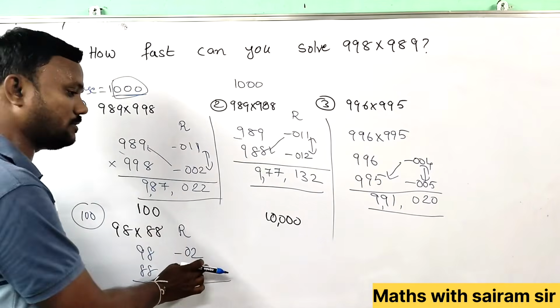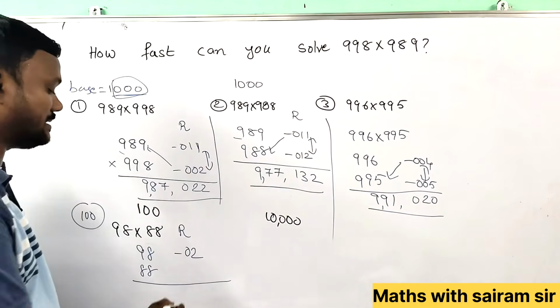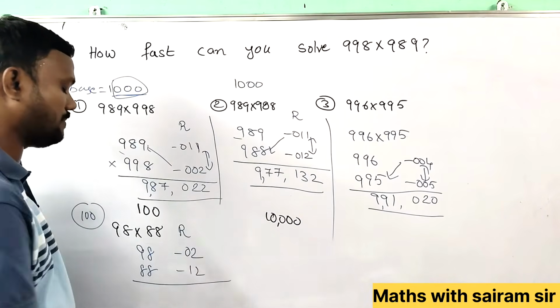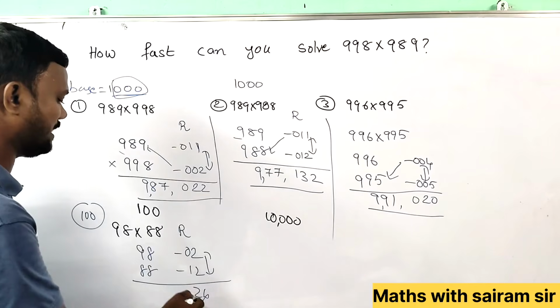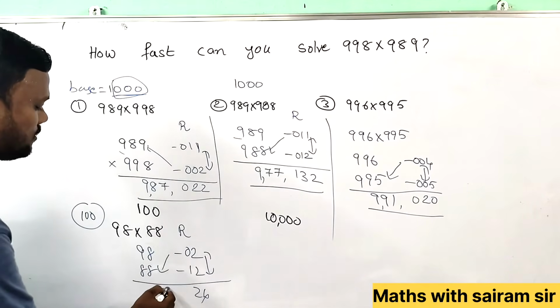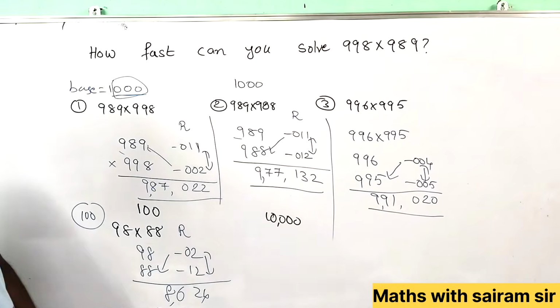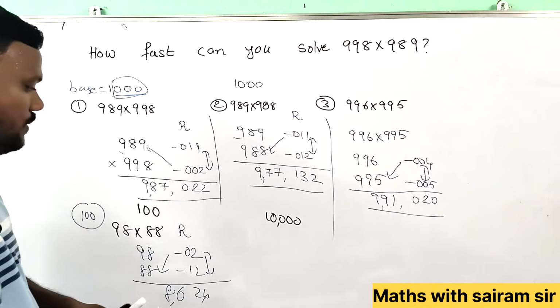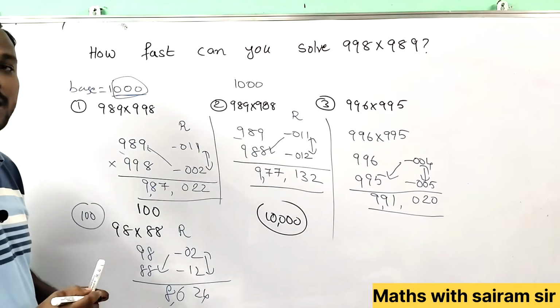That's the reason I took it as 0 2. And here 88 is 12 less than the 100. I am writing it as minus 12. Multiply this: 2 12s are 24, and cross subtraction: 88 minus 2, 86. So our answer is 8624.